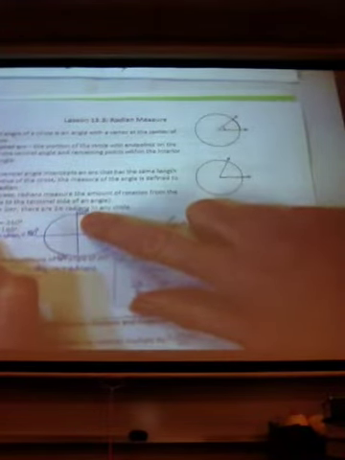So what do you think 90 is in radians? If this is 0 radians, it would be pi over 2, right? It would be 1/2 pi, which is pi over 2. This is pi over 2 radians.